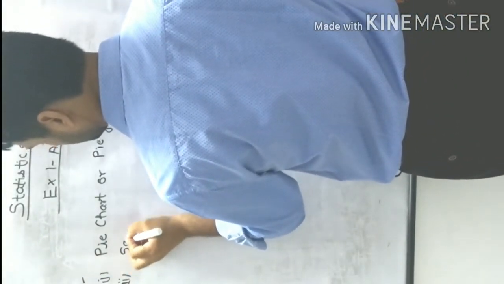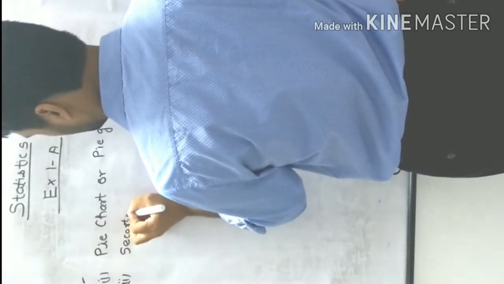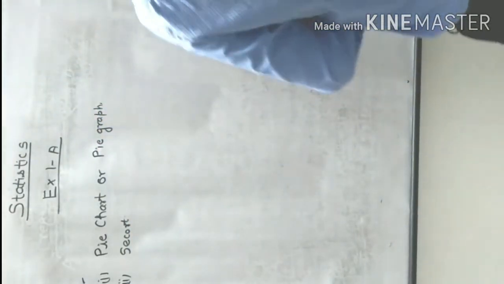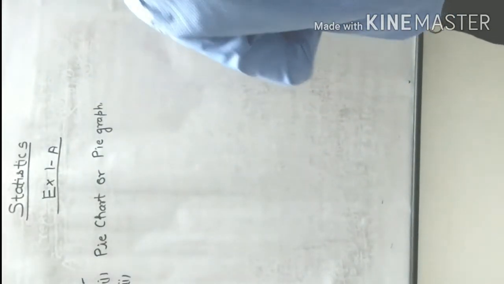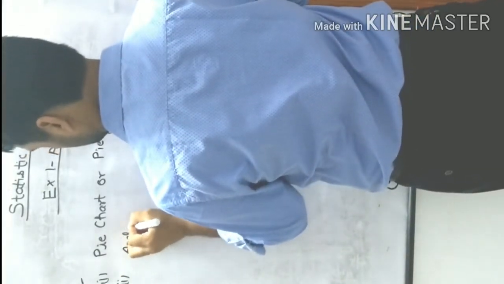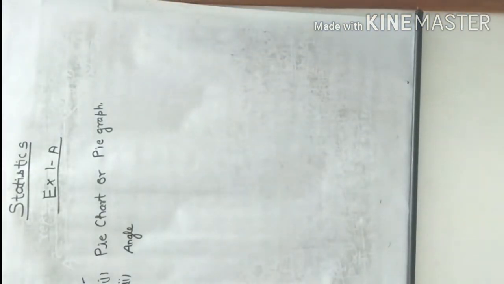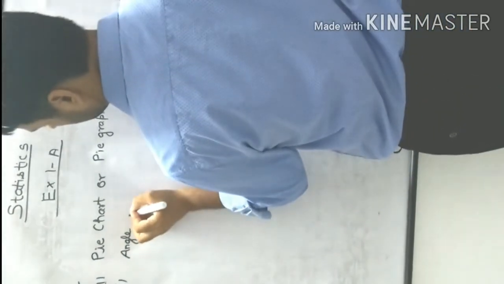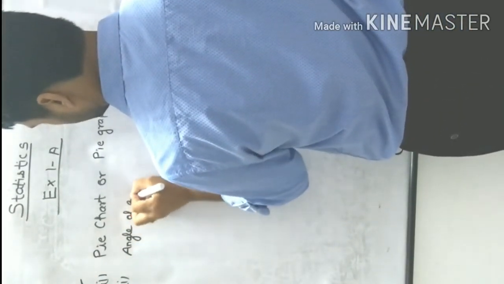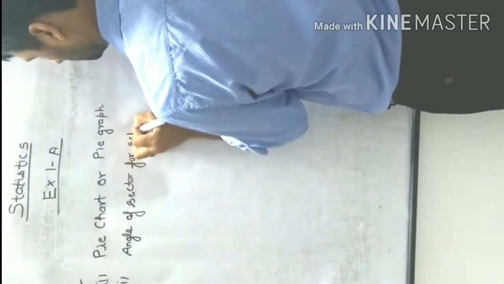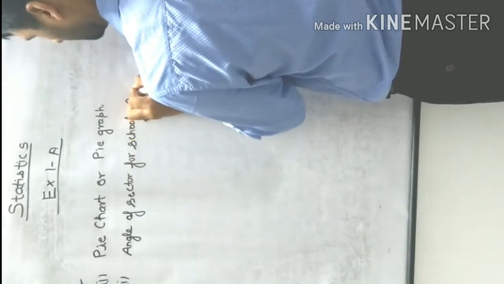So write here first: the sectorial angle on school, 90 degree. So see here, the angle of the sector for school is equal to 90 degree.